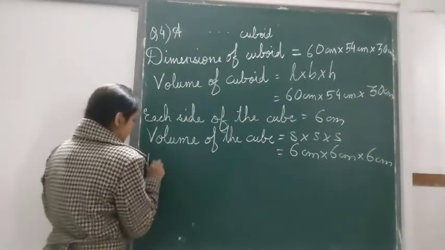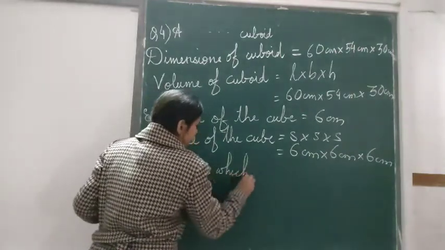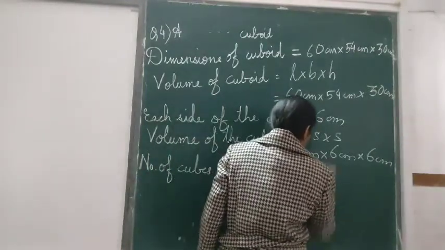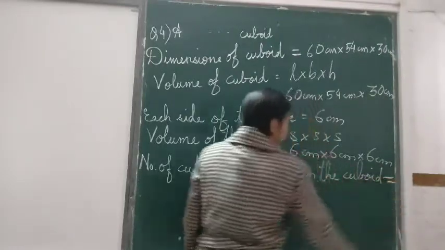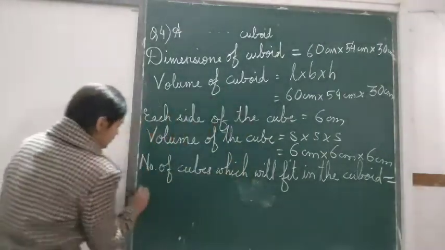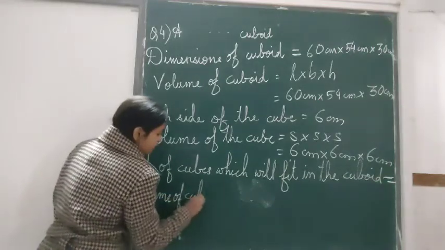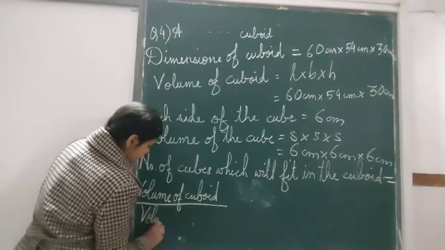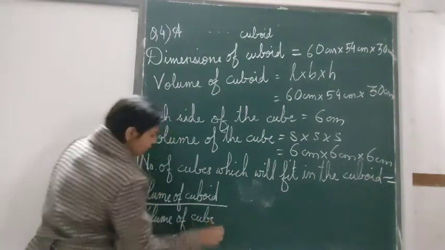So now we write number of cubes which will fit in the cuboid, which is equal to volume of cuboid upon volume of cube.